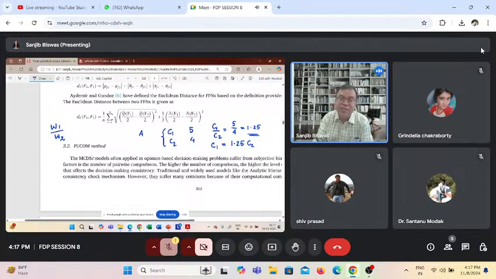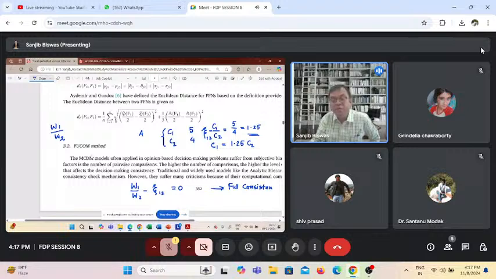But in reality, this doesn't always happen. So if W1 by W2 minus the comparative priority of C1 over C2 equals 0, that means I am fully consistent. This is called full consistency.